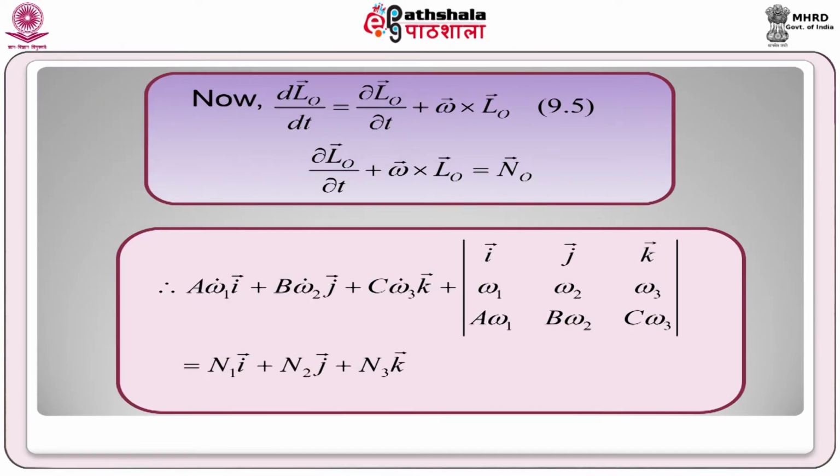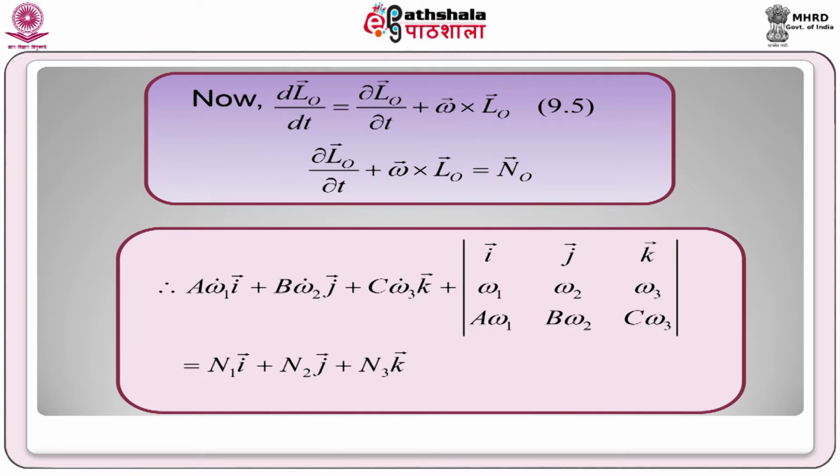From the previous equation, we get capital A into omega 1 dot into i vector plus capital B into omega 2 dot into j vector plus capital C into omega 3 dot into k vector.